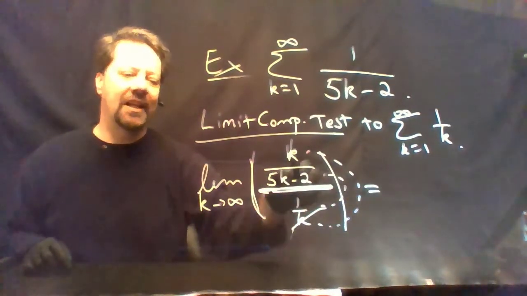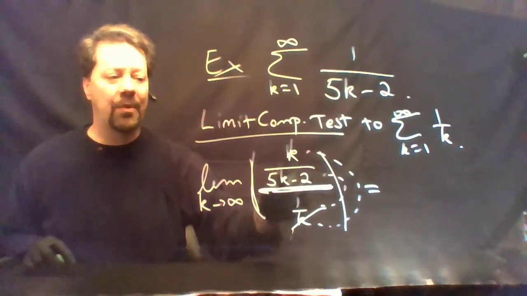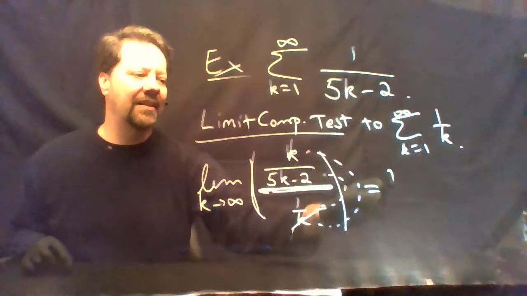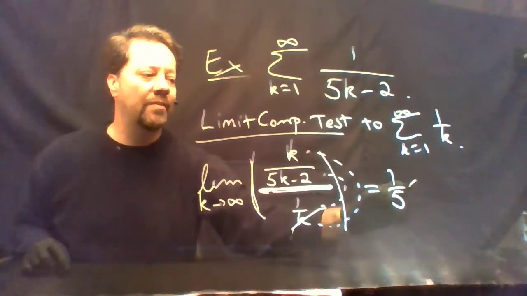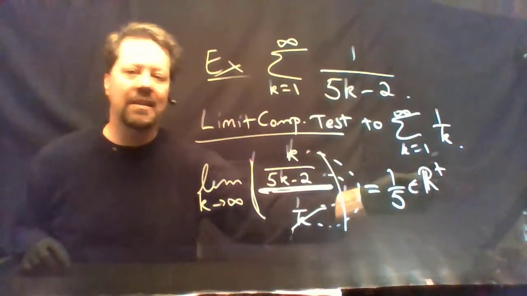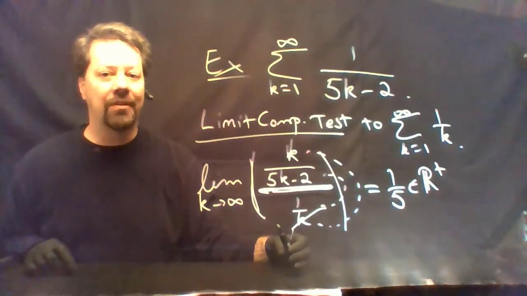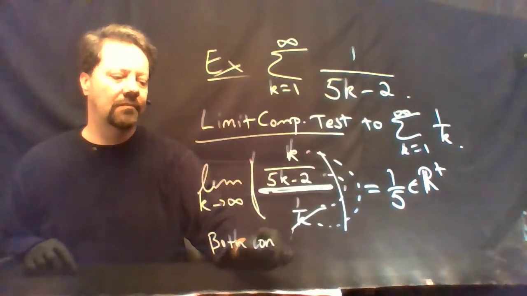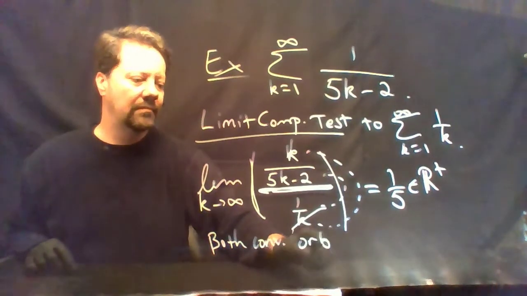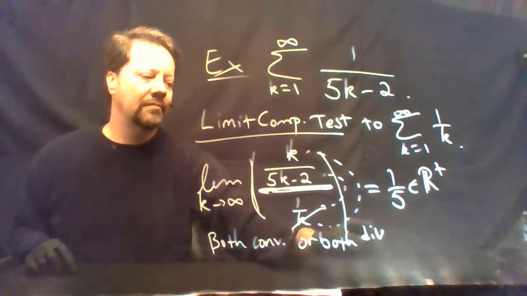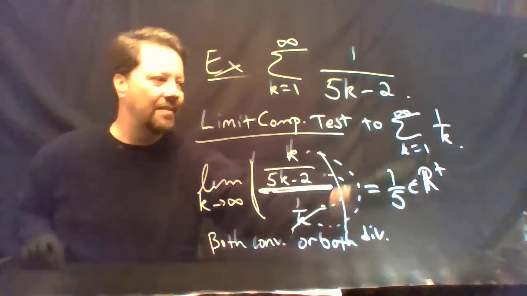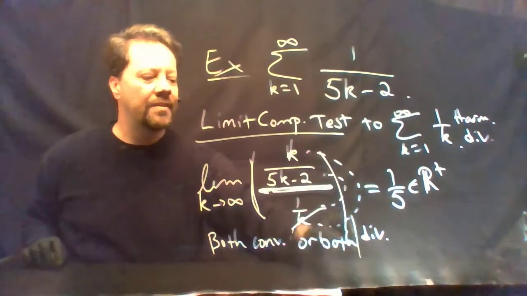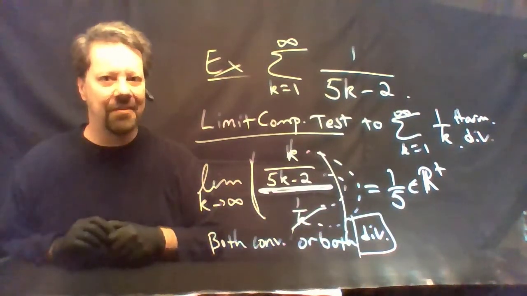As you can see, we get a polynomial over a polynomial, both of degree 1. You take the ratio of the leading coefficients when you calculate the limit. So the limit is 1/5, which is an element of the positive real numbers. Both converge or both diverge. But the harmonic series diverges, so our series diverges as well.